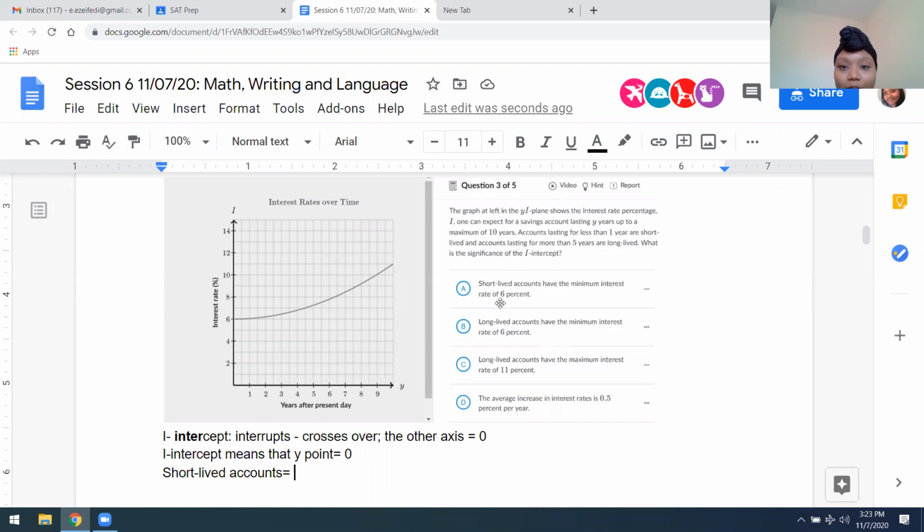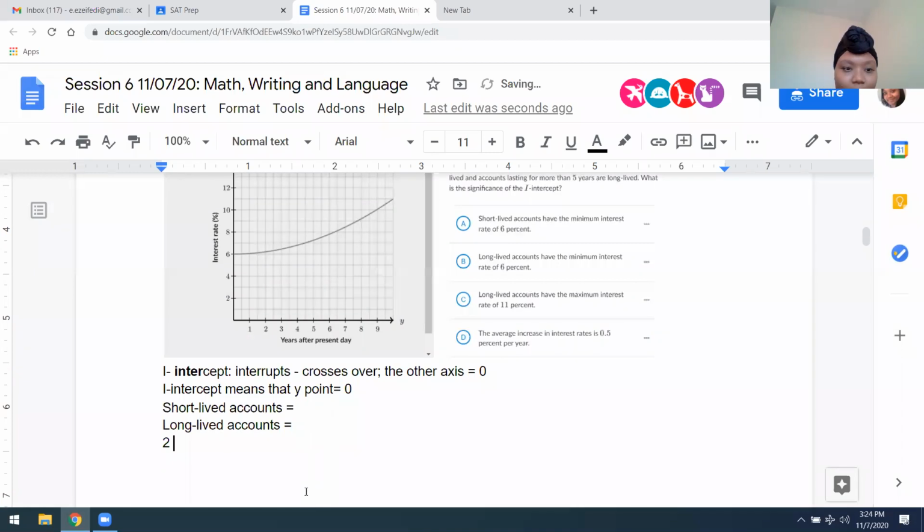Now, short-lived accounts, long-lived accounts. When I say equal for math, equal is the same as is. So 1 plus 1 equals 2 means 1 plus 1 is 2.